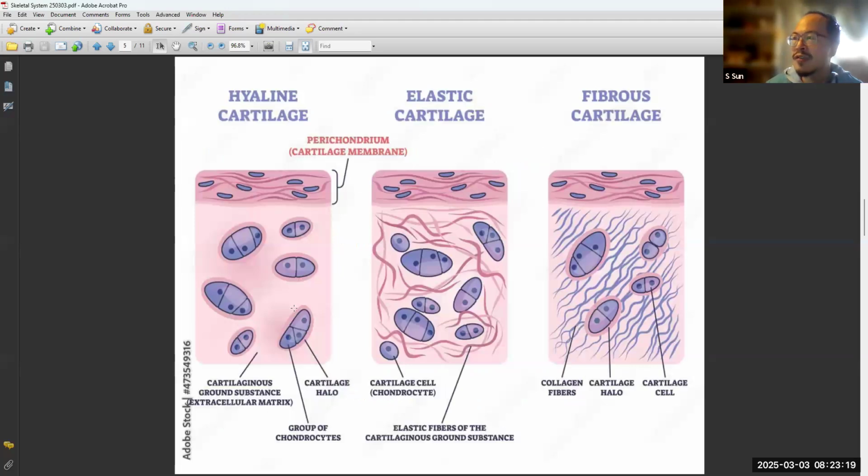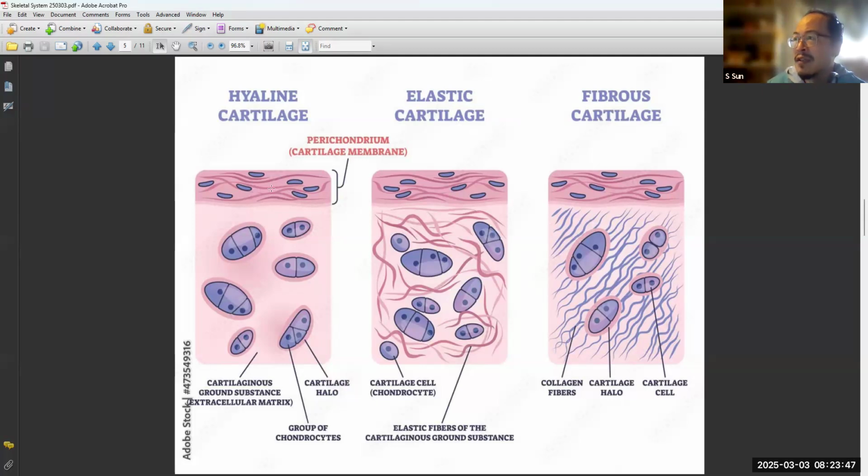Here I'm showing you the cartilage in these three different types: hyaline cartilage, elastic cartilage, and fibrous cartilage, with the cells and the matrix. It also shows you the perichondrium area.